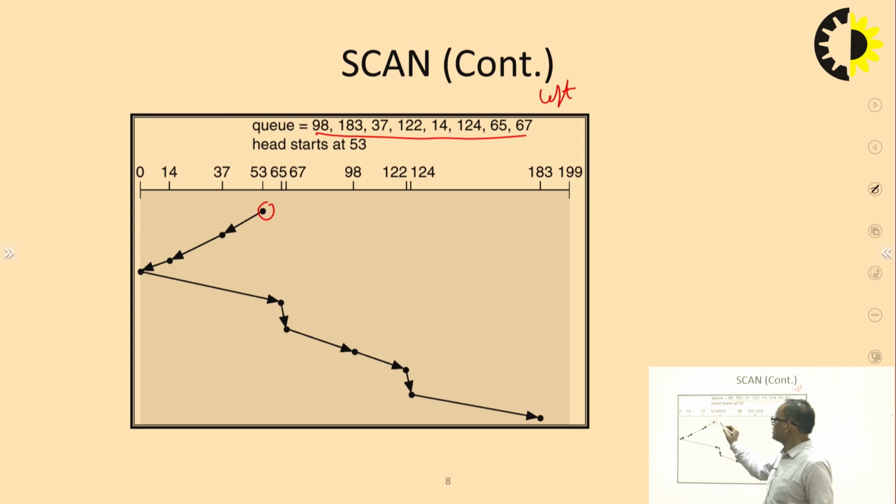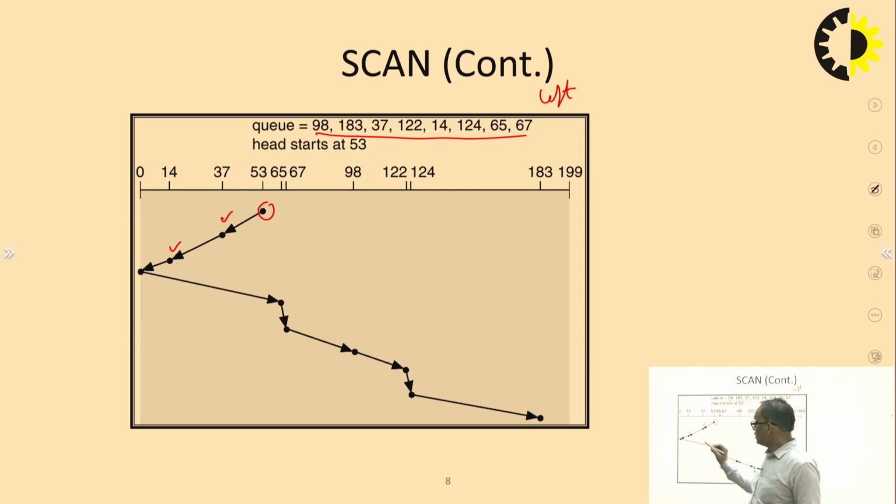So at first the read write head will move to the left, and it will service all the requests coming in the path. So when the read write head moves from the current position to the left, at first request number 37 is encountered. So it will execute request number 37. After that, when it moves to the left, request number 14 will occur in the path. Then it will service request number 14.